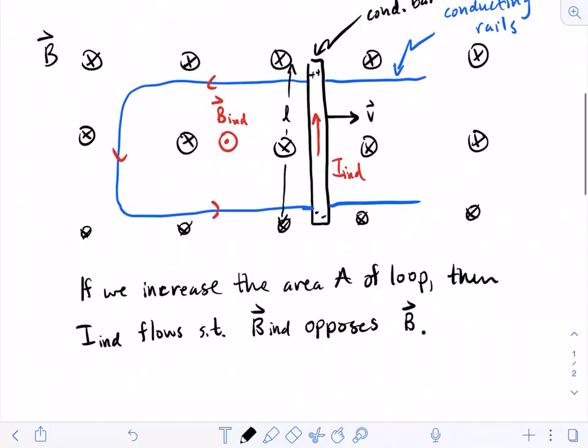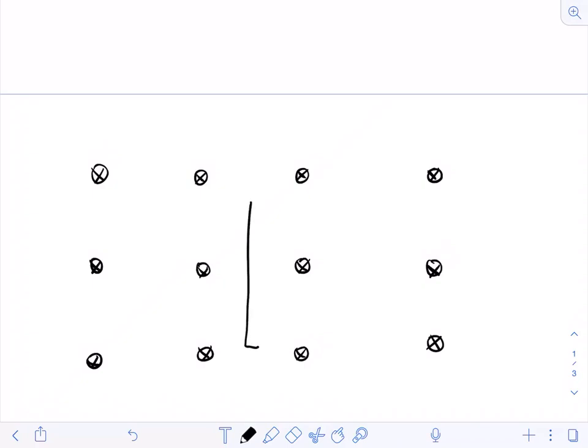Okay, I'm going to draw this picture again, but this time we'll keep everything exactly the same except for the fact that we're going to take our conducting bar and pull it not to the right, but to the left. And when we pull it to the left, the area of our circuit is going to decrease.